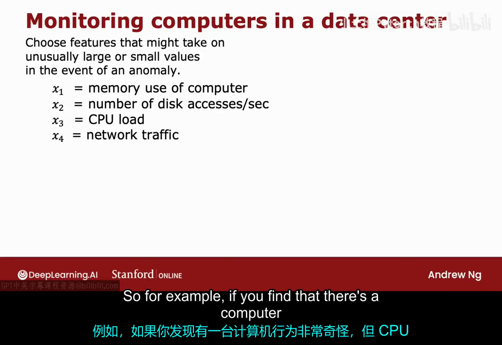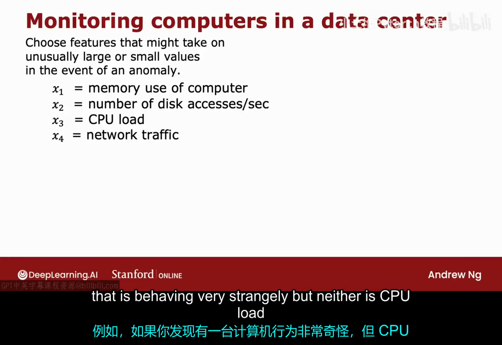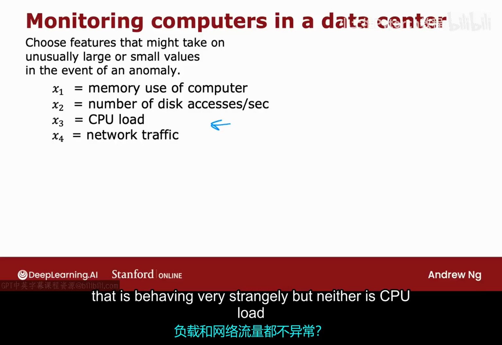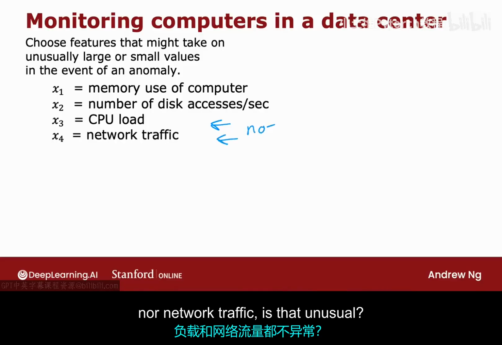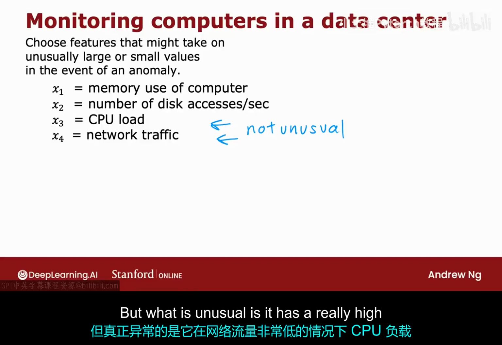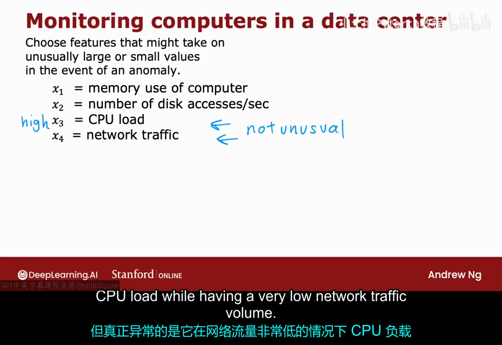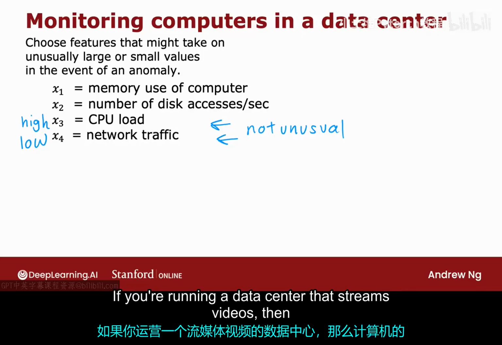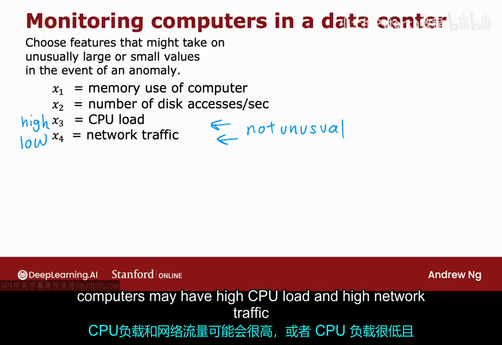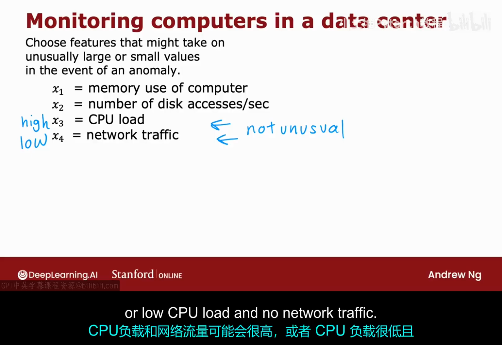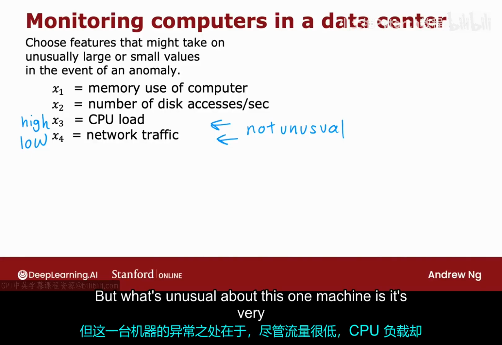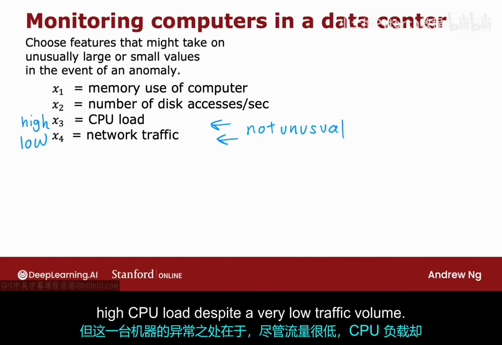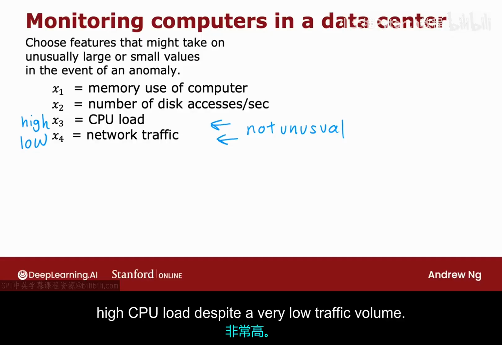So for example, if you find that there's a computer that is behaving very strangely, but neither its CPU load nor its network traffic is that unusual, but what is unusual is that it has a really high CPU load while having a very low network traffic volume. If you're running a data center that streams videos, then computers may have high CPU load and high network traffic, or low CPU load and low network traffic. But what's unusual about this one machine is there's very high CPU load despite a very low traffic volume.